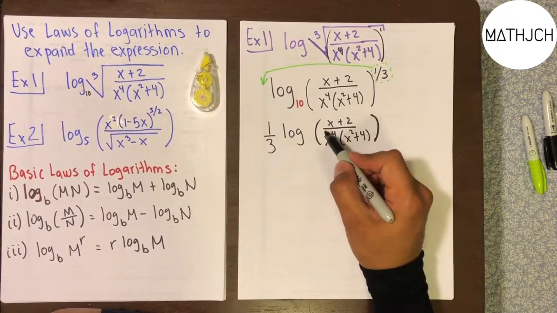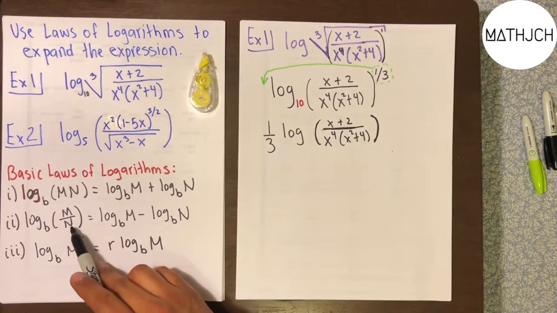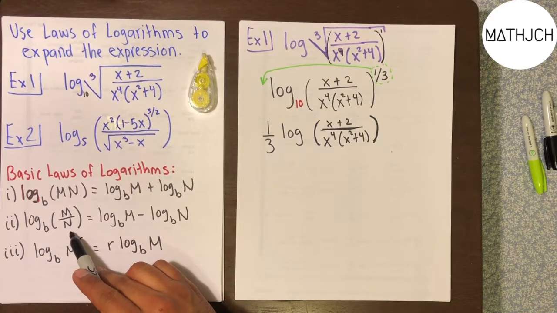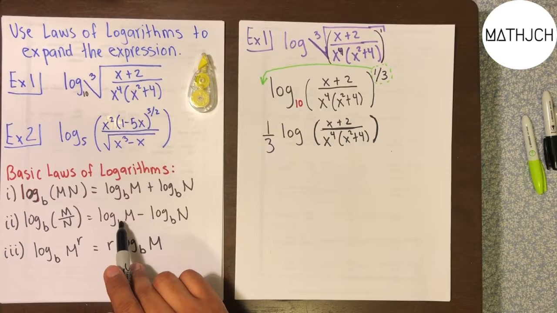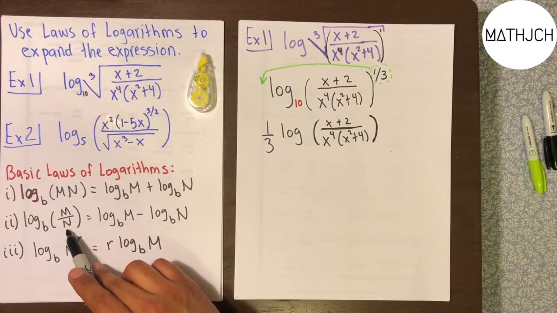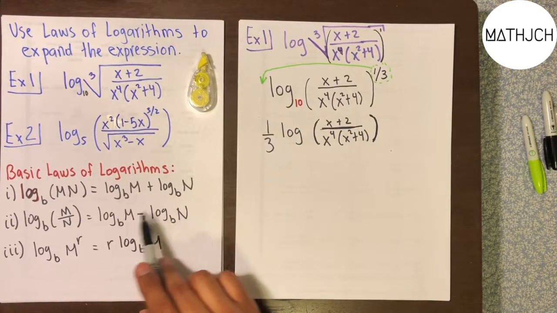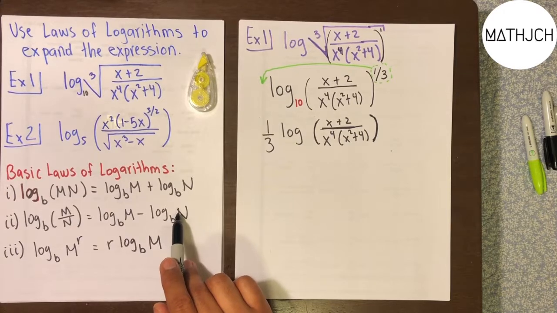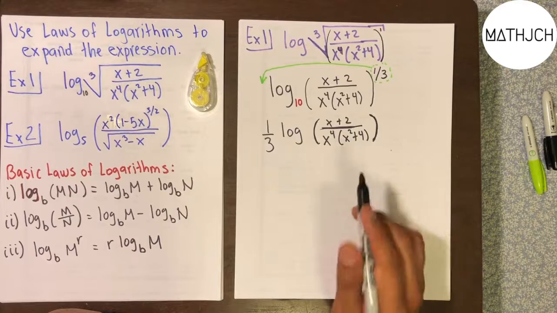So let's first apply the division rule of logarithms. We have it in number 2 here. M will be the numerator and N will be the denominator. So if we have something on top, it's going to be first, and then the bottom, which is N, will be last. So basically it's the numerator minus the denominator, each one with the same log that we have here. So let's do that.